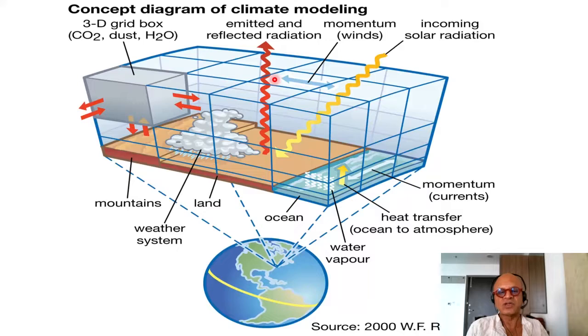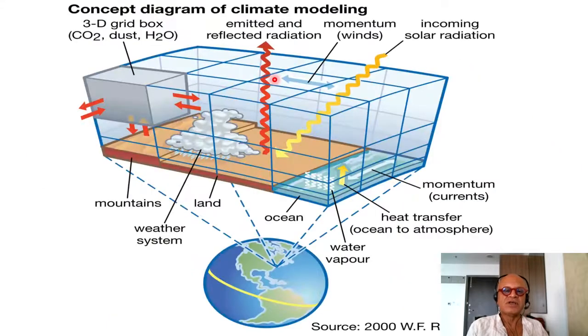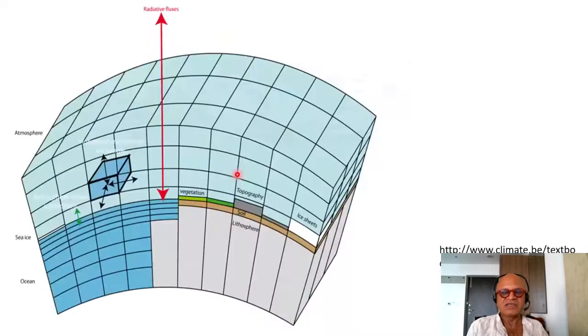So it's good to just look at a few versions of these just to get a sense of what we mean. What do we mean by resolution? Since we are representing the Earth with a number of grid points, the larger the number of grid points, the better the representation. For example, here we are jumping from the land to ocean.